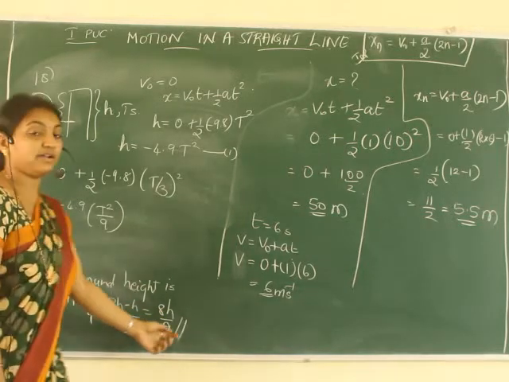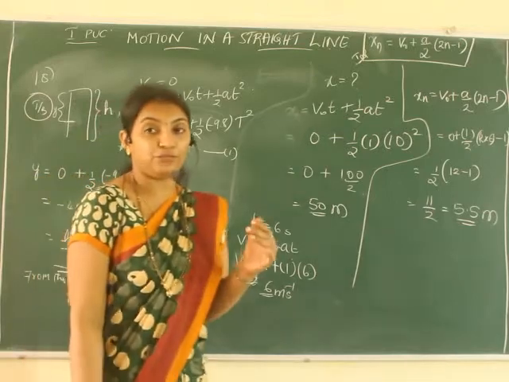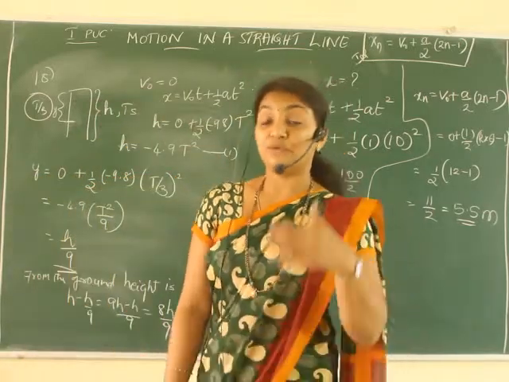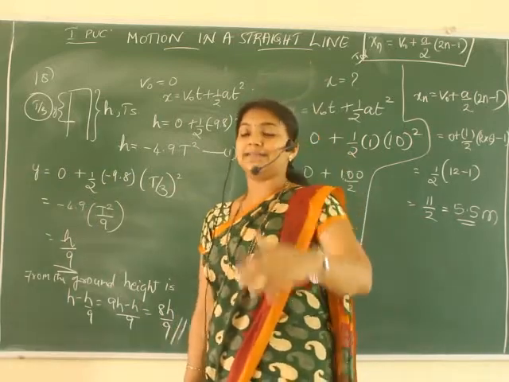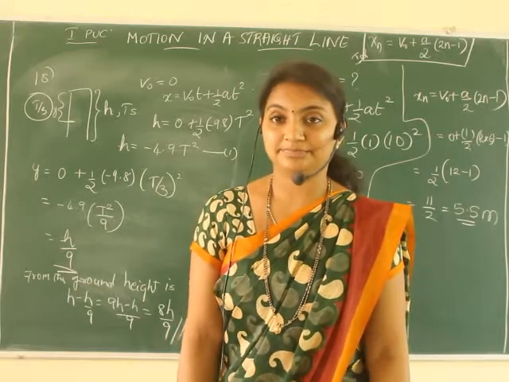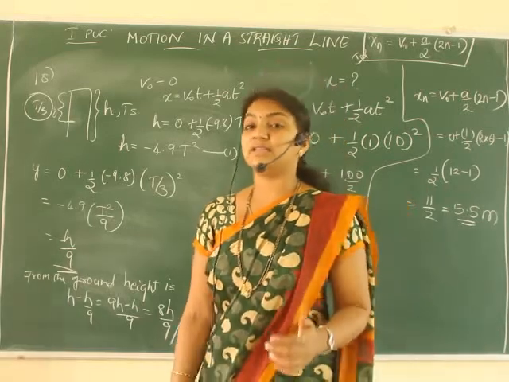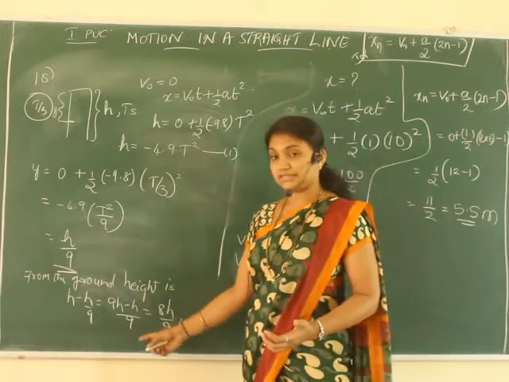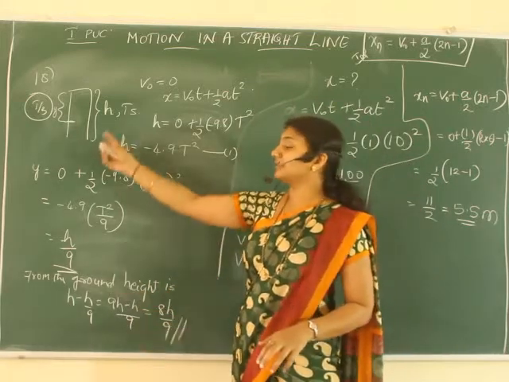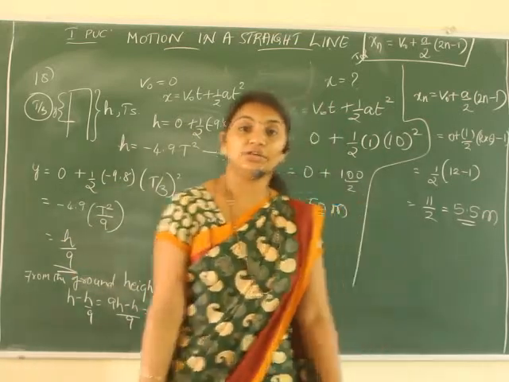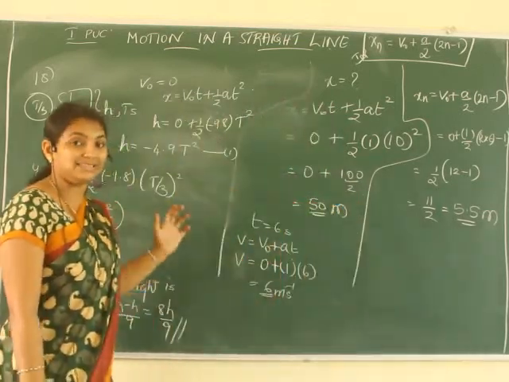This is the height from the ground. If in the exam they ask what is the height of the object from the ground at that time t by 3, understood? The way of asking the question may vary. So if they ask from the ground, then this is the answer. If they ask like this problem, till here is the answer. Understood? If any doubts, please ask.